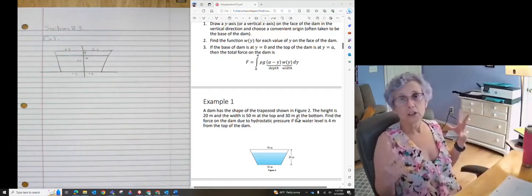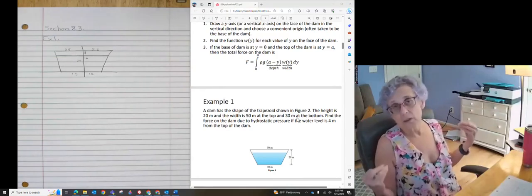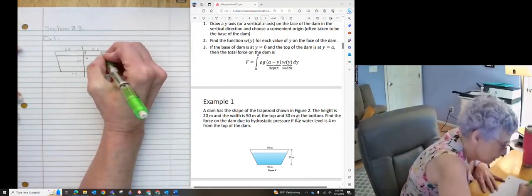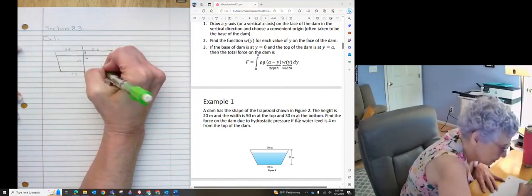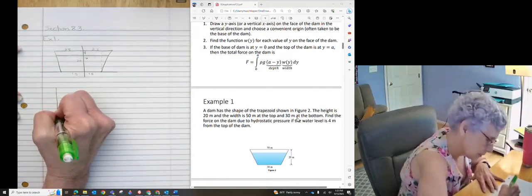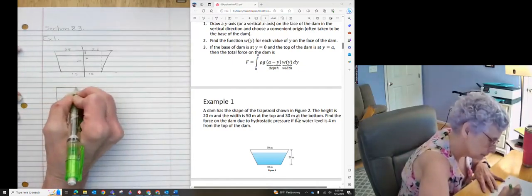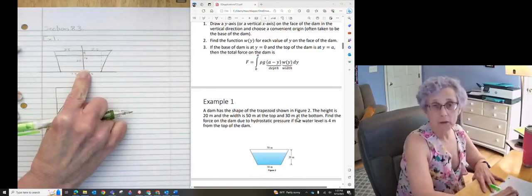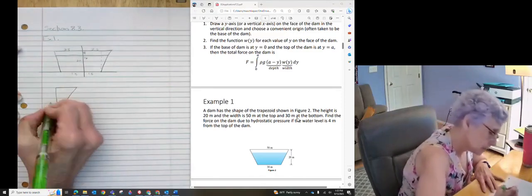Now we need a function for the width. That's the most challenging part of these problems. I'm going to draw this little triangle over here, and I'm going to separate it out. I know how tall the triangle is. It's 20 meters tall.